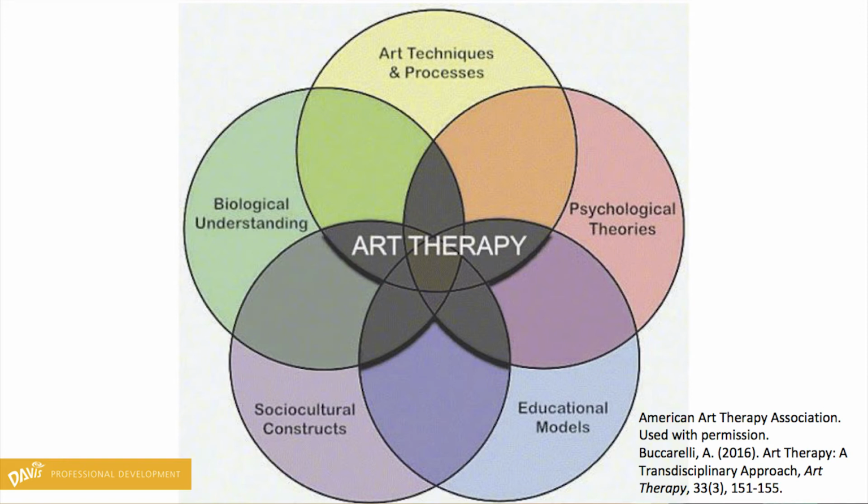There's a new refreshing model set forth by Amy Buccarelli in 2016 that embraces a transdisciplinary perspective that encompasses a full spectrum of art therapy practice that includes art techniques and processes, psychological theories, educational models, sociocultural constructs, and also biological understandings.